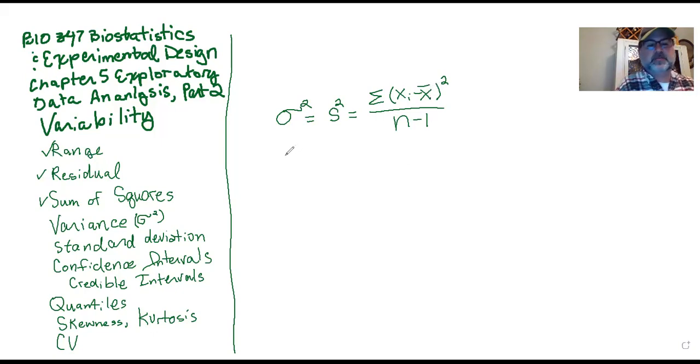So, okay, how can we get rid of that? So we can look at standard deviation. Standard deviation is sigma, or just S, and that is going to be the square root of the variance.